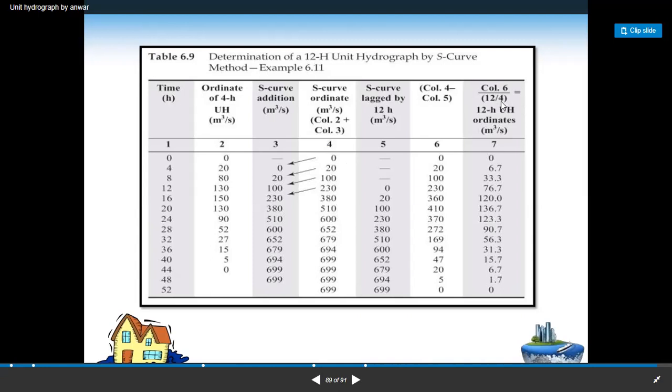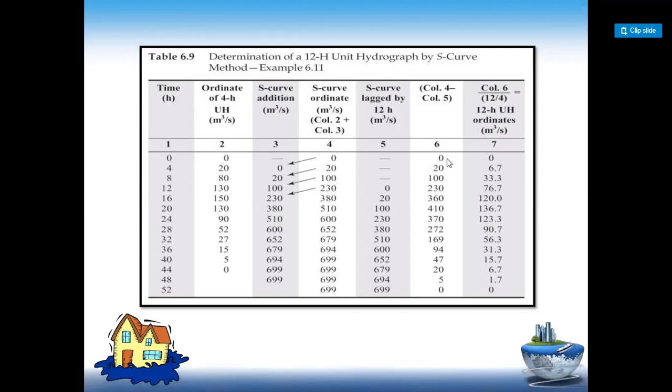So column 6 is divided by 12 by 4. The 12-hour unit hydrograph ordinates in meters cubed per second are 0, 6.7, 33.3, 76.7, 120. Guys, here column 6 is divided by 12 by 4.